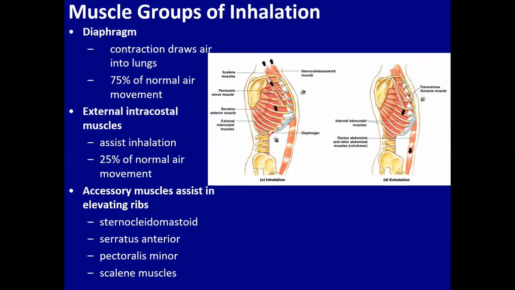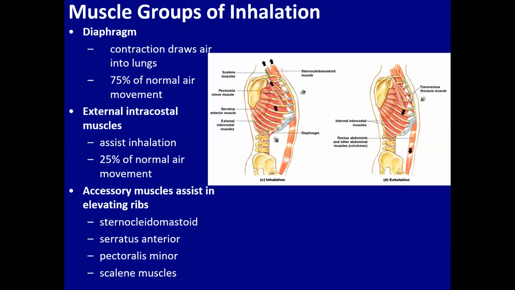We also have other muscles that assist with this. Your sternocleidomastoid, okay? Think about what you're doing when you inhale. Think about your entire body lifting as you're inhaling. I'm sitting in a chair slouching, so everything moved when I did that, but breathe in, feel that lift. Your sternocleidomastoid, serratus anterior, pectoralis minor, and your scalene muscles are allowing, here's your scalenes right here, for you to do that.